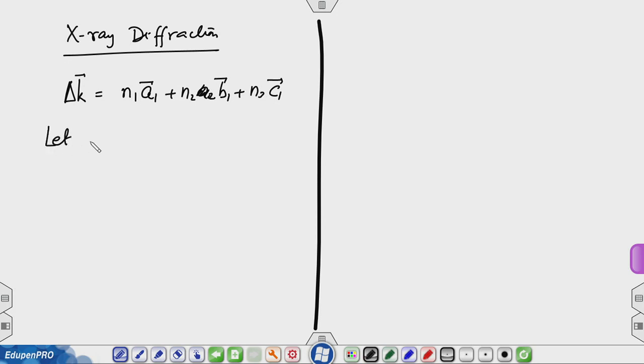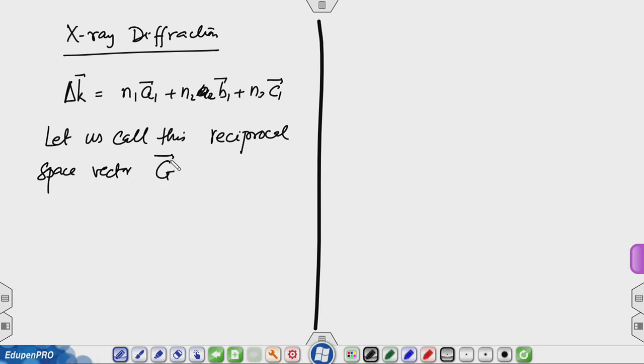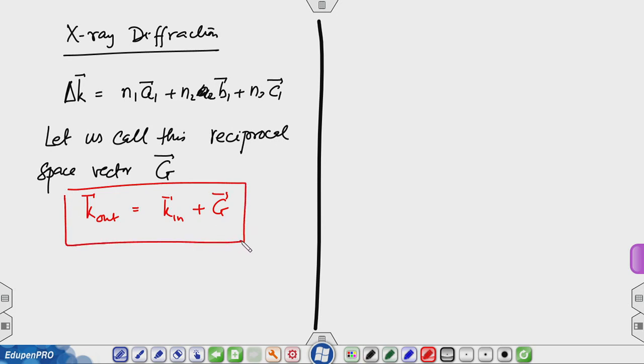Let us call this reciprocal space vector G, and what you see is that k prime or k out is going to be equal to k in plus G for diffraction.